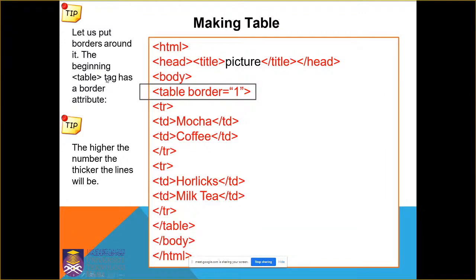If you are required to have a thicker line for your table border, you can use 2, 3, or higher numbers that you want. This is just for your added knowledge. If you want a bigger or thicker line, you can increase the number value.